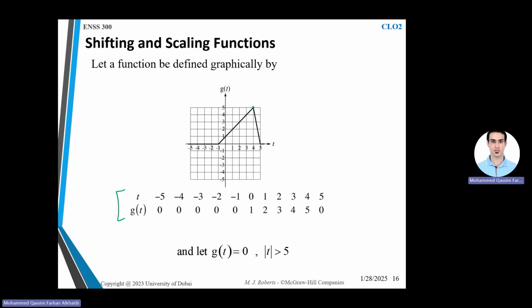So let's see this example. This function g of t has these values, which you can summarize from -1 to 5 with certain amplitudes, and it's 0 elsewhere.